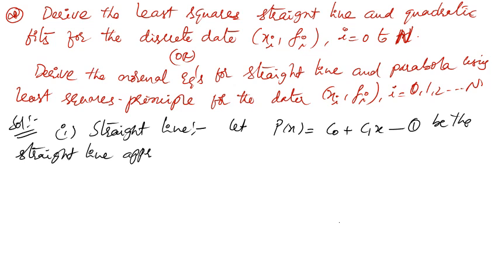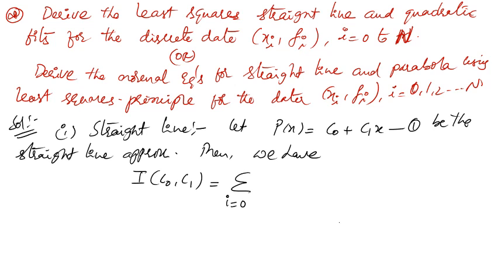Then we have to minimize I of c0, c1, only two arbitrary constants are there. Instead of integration, for discrete data, summation will be there. W of x value is 1, so the sum of f of xi minus p of xi, squared, should be minimum.